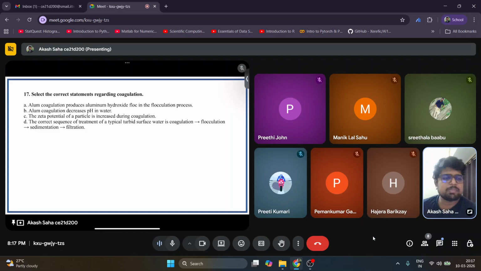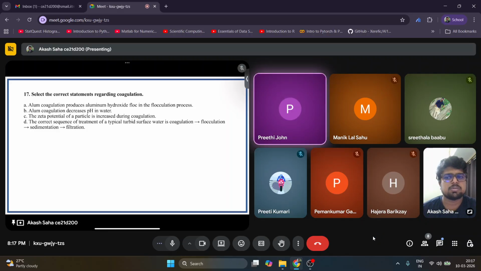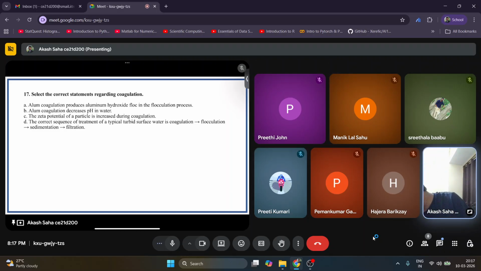But what about B? Is B correct? Will it increase the pH or decrease the pH? Increase. How will it increase the pH? So when we add alum, what is the formula? Do you know?